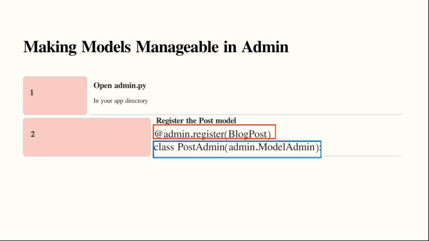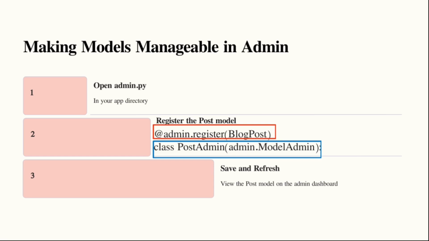The blog post admin class is a placeholder for customizing how the model is displayed and managed in the admin interface. Once you have added this code, save the file and refresh the admin dashboard in your browser. The blog post model will appear in the admin site, ready to be managed.